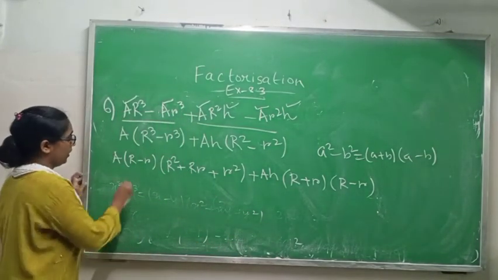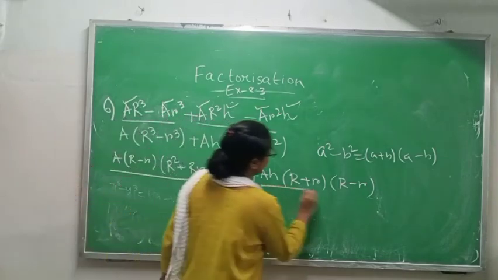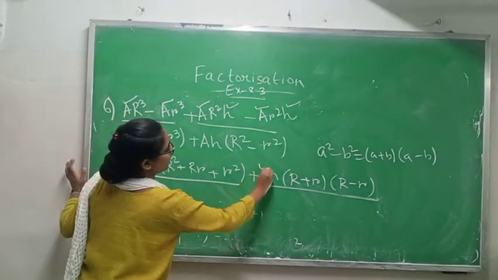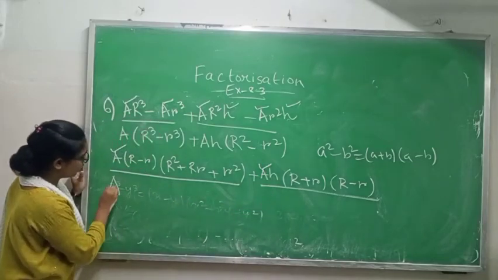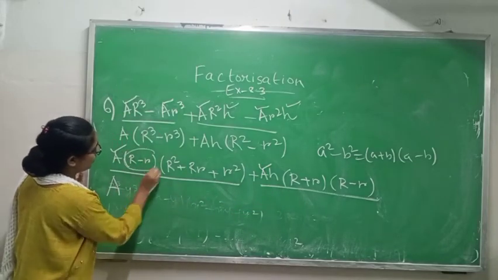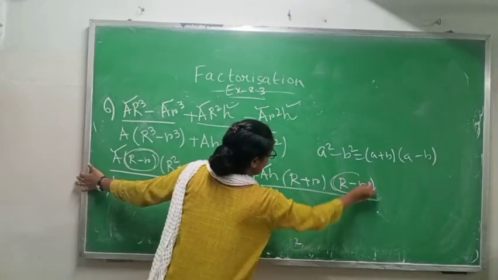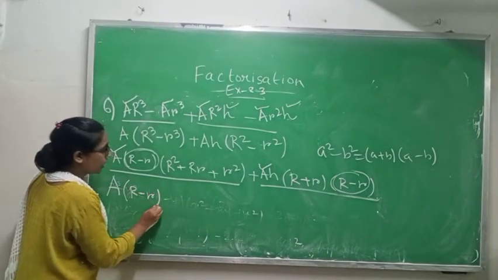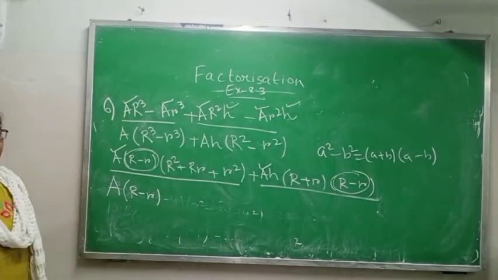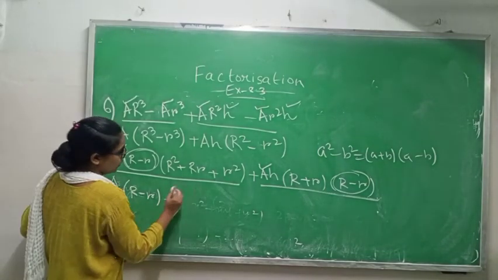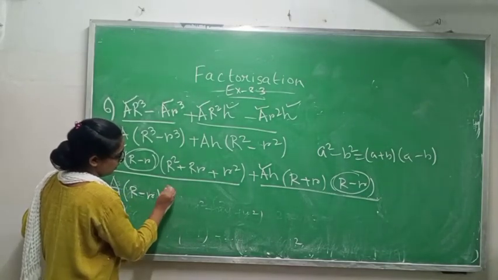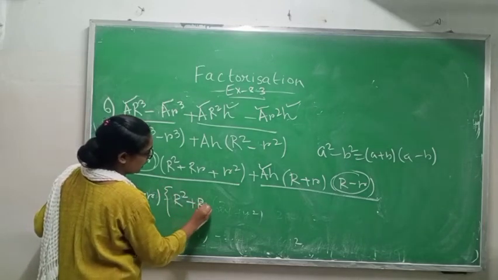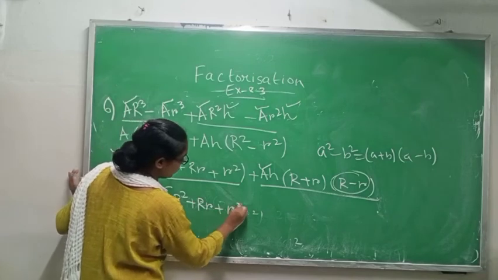Now see, in this one and in this one, what is common? Here A is present, here A is present, so you can write A outside. Now here R minus r is present, here also R minus r is present, so you can again write it outside. Whatever is left, you will write inside one bracket. So from this one I am writing R square plus capital R small r plus small r square.